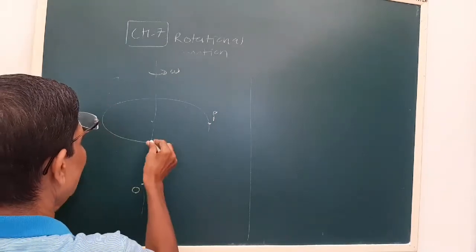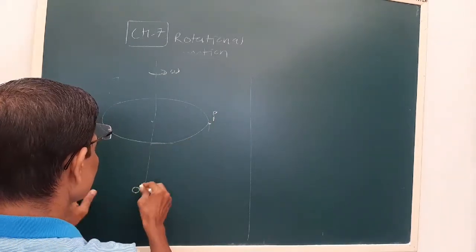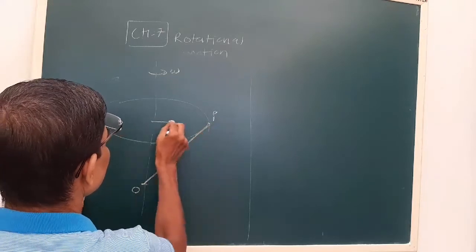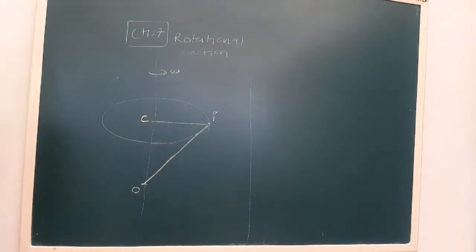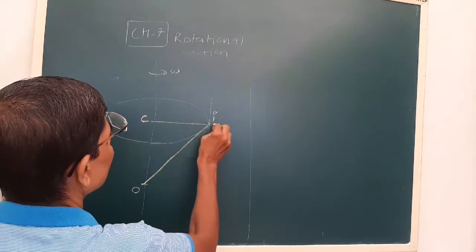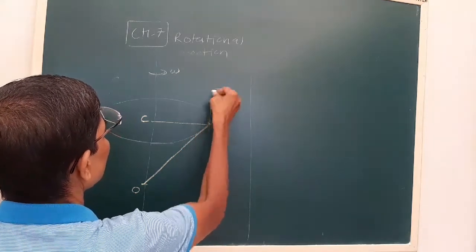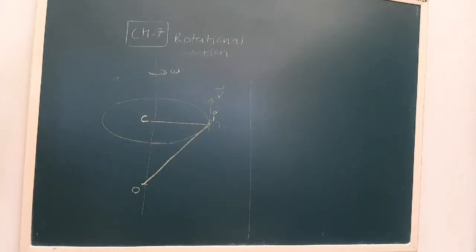Any point, the velocity will be tangential like this. C is the center of the circular path. In uniform circular motion, which we studied, the velocity is always tangent to the circle.